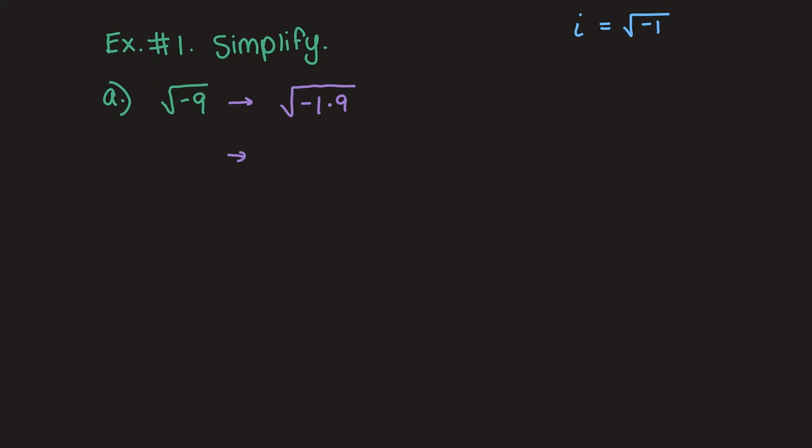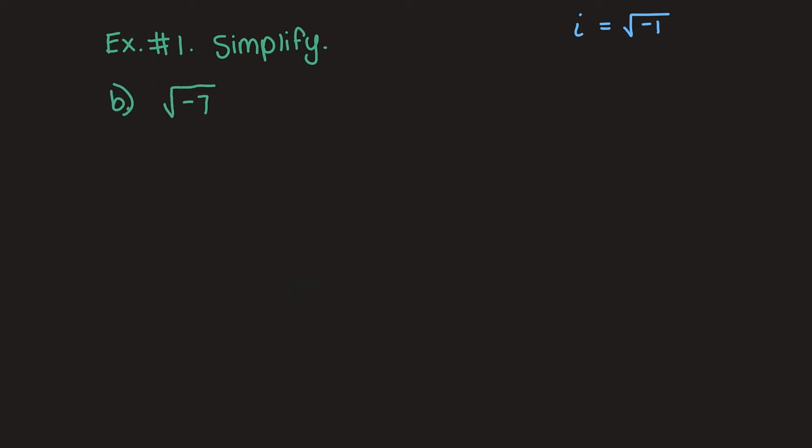Using the product property, we can write the product of two radicals, the square root of -1 times the square root of 9. The square root of -1 can be rewritten as the imaginary number i, and the square root of 9 is 3. Therefore, the square root of -9 simplifies to i times 3, which is the same as 3i.